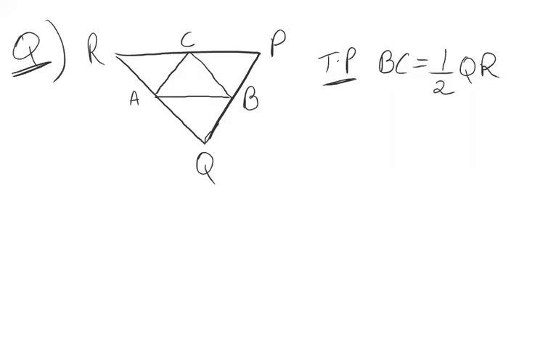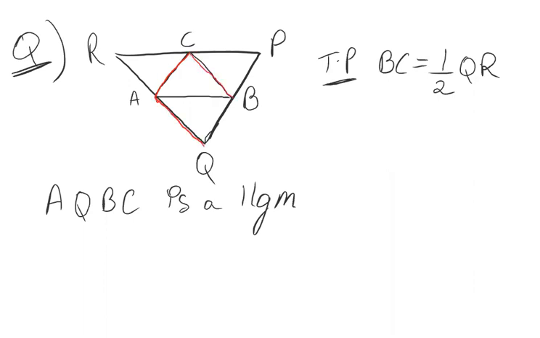So it's been given in the question that AQBC is a parallelogram. To mark that in perspective for you, I am talking about this quadrilateral. It is a parallelogram. All right.